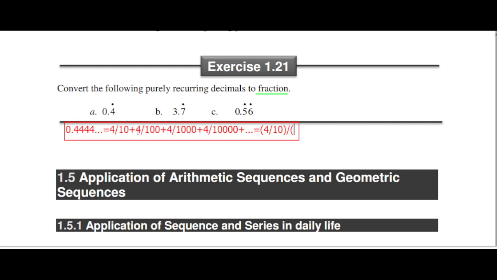Over 1 minus 1 over 10, which is equal to 4 over 10 over 1 minus 1 over 10, that is 9 over 10.